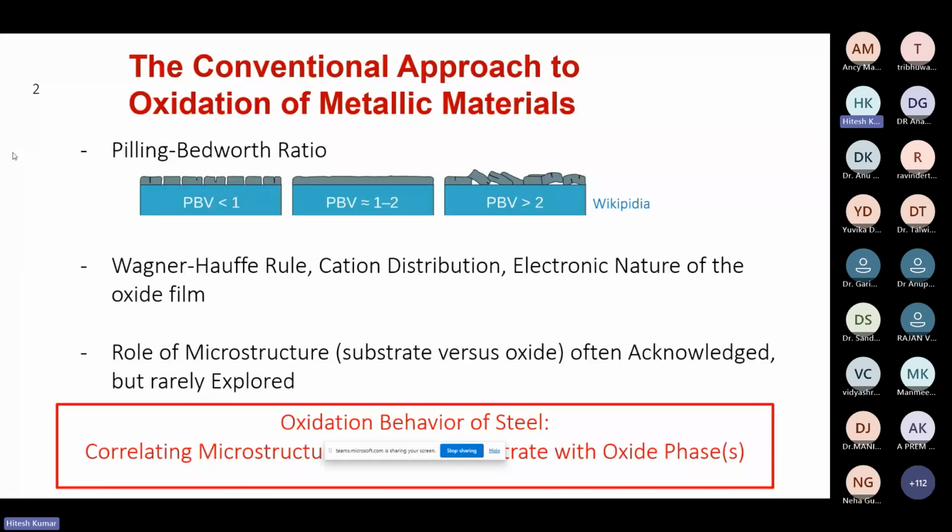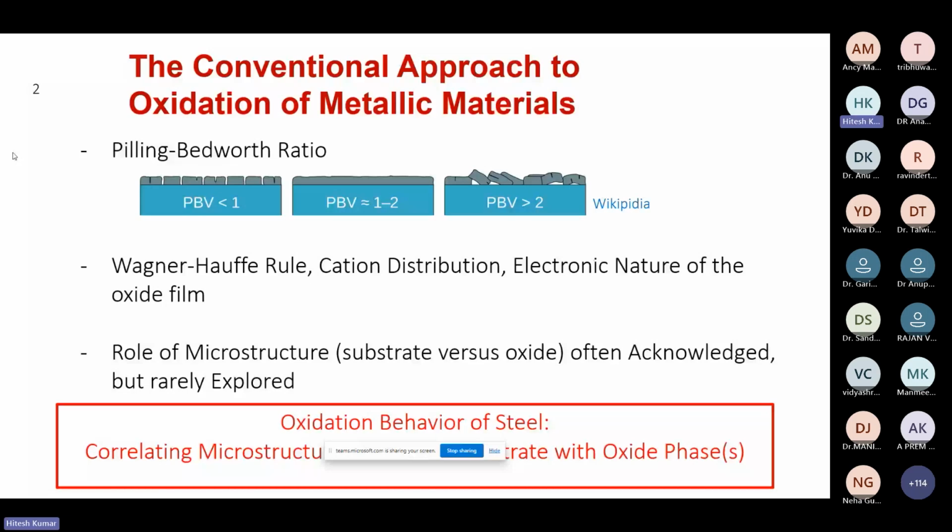If it is near to 1, then it is good: you are going to form a good oxide layer, which is more oxidation resistant. So overall, it is good. Also, people talk about how cation diffusion and anion diffusion take place in oxidation kinetics. So to start, we'll talk about how the role of microstructure is going to affect the oxidation kinetics.